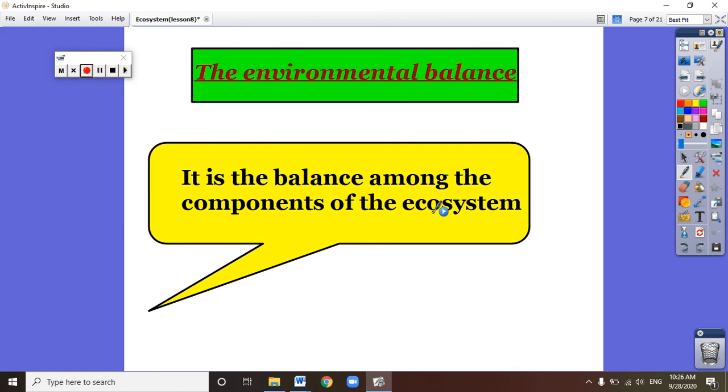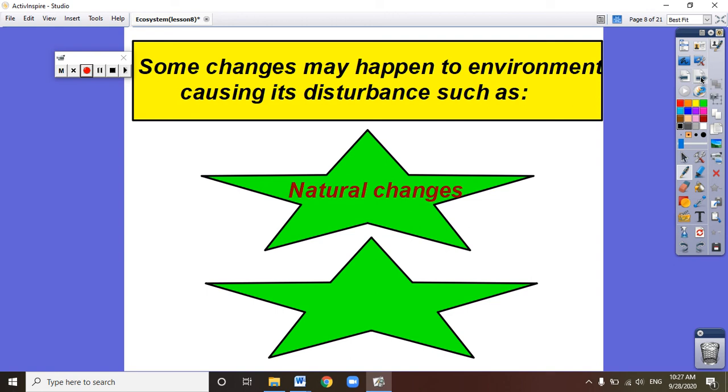So we took the definition of the ecosystem, which is the natural area that includes living organisms and non-living things, and the definition of environmental balance, which is the balance among the components of the ecosystem. Now, let's learn the factors that cause disturbance in the ecosystem or in the environmental balance. We have two factors: natural changes and man's influence.